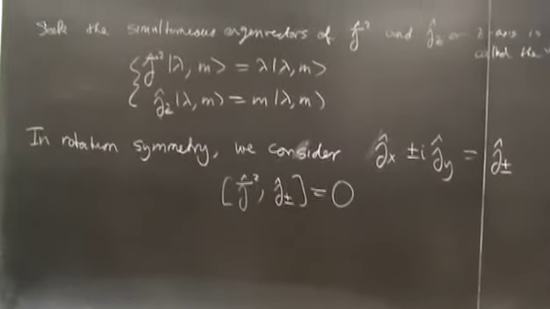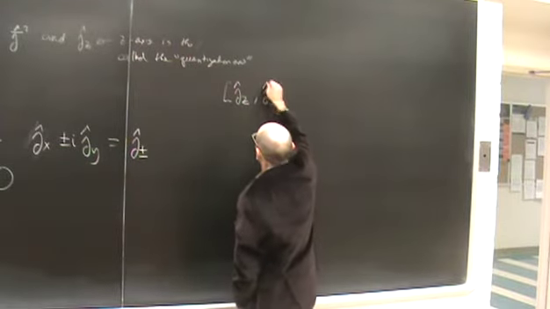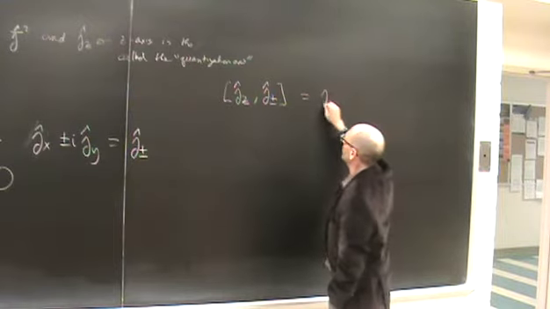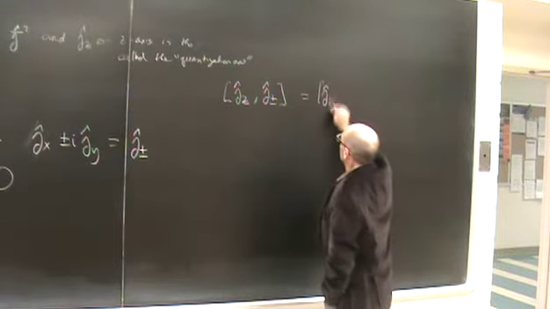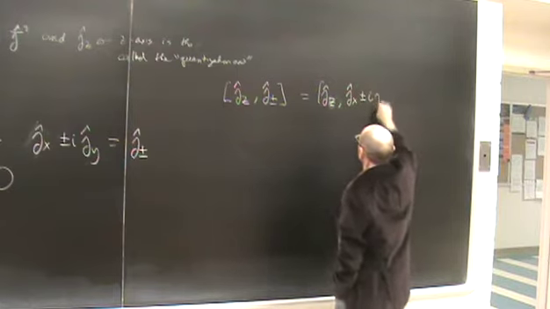What about the commutation relation of, say, jz with j plus or minus? Well, that's equal to jz commuted with jx plus or minus i jy.